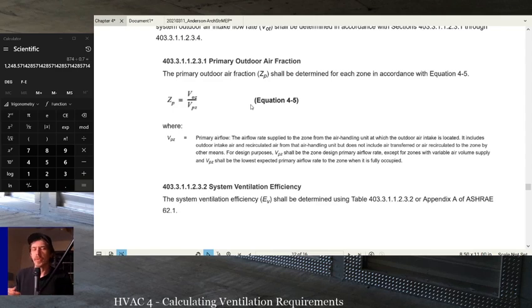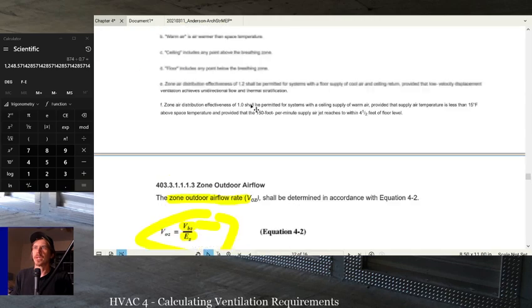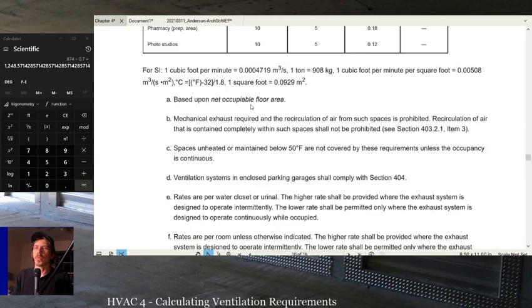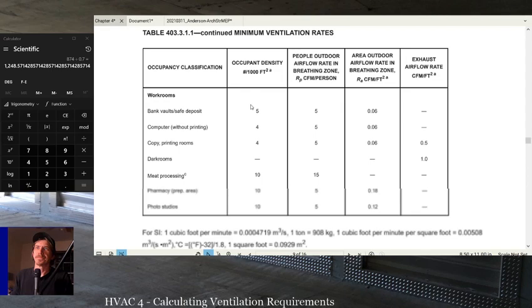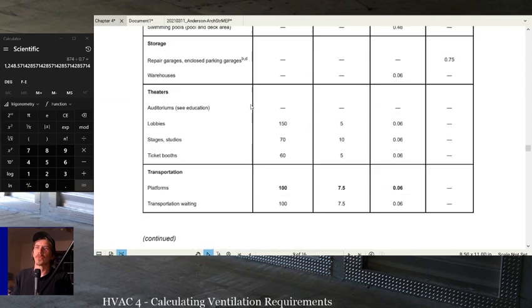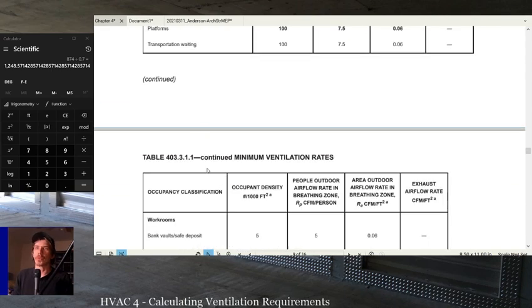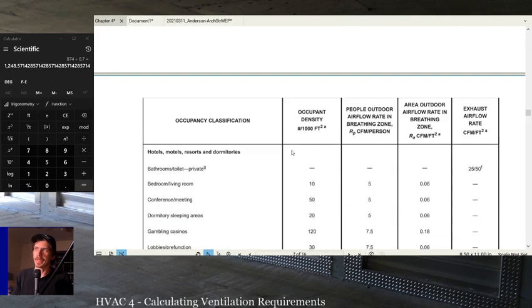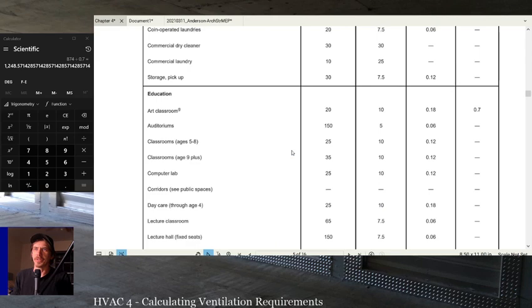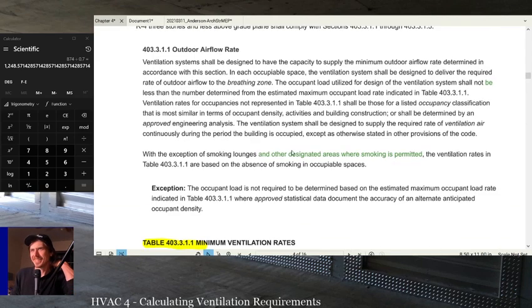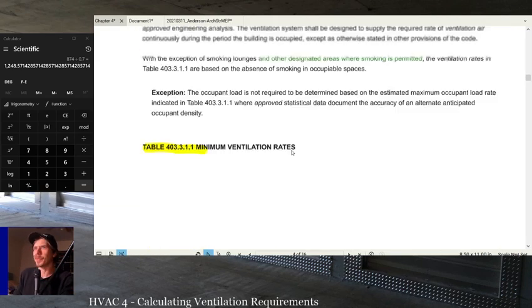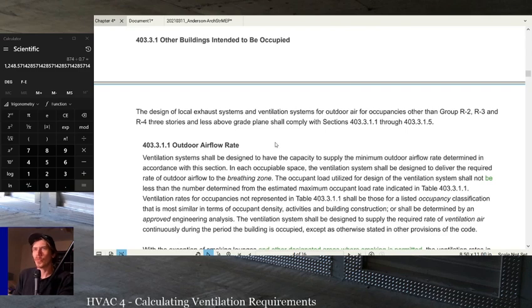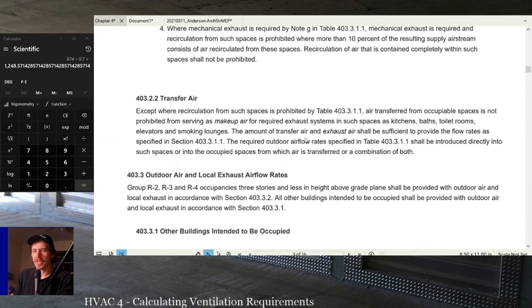Basically, as long as you know what type of zone it is and the square footage of the zone, everything else just comes out of the table, 403.3.1.1. I wish they would just call it table ventilation air because it's such a long section number. But anyway, table 403.3.1.1, as long as you got that, everything else comes straight after, no big deal.